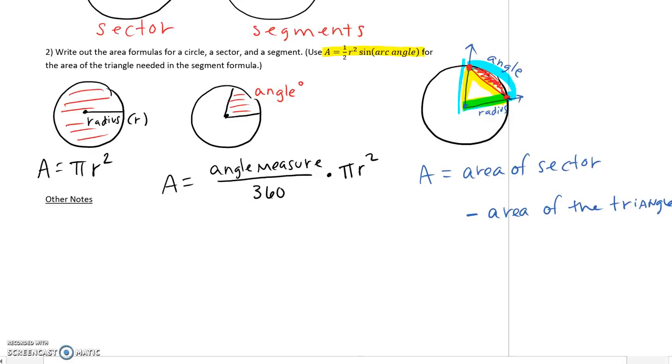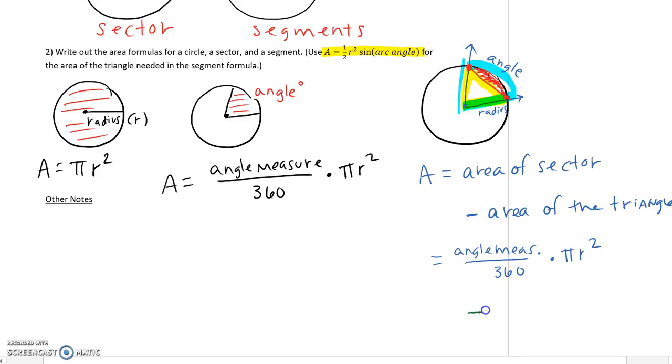So area of the sector. We know what the area of the sector is. It's the angle measure out of 360 times pi r squared. But from that, I need to subtract the area of the triangle.